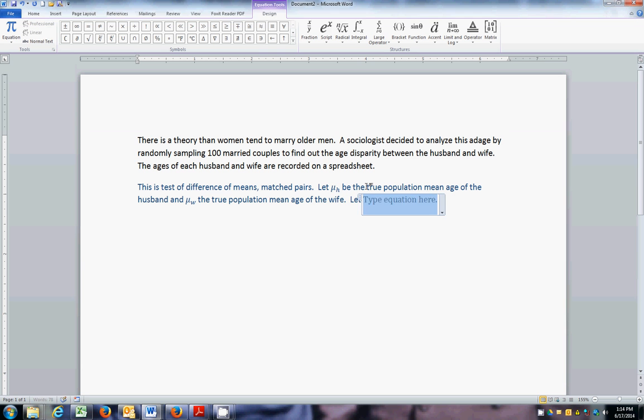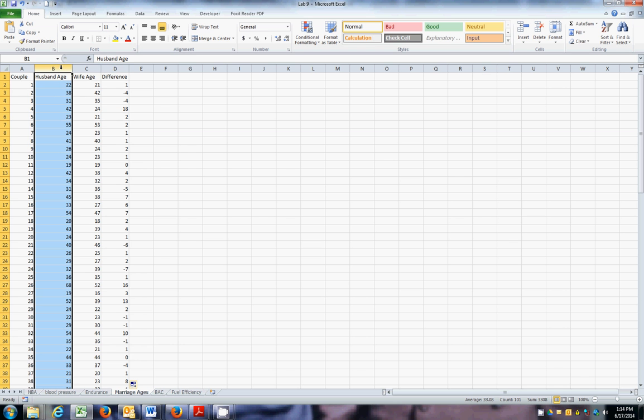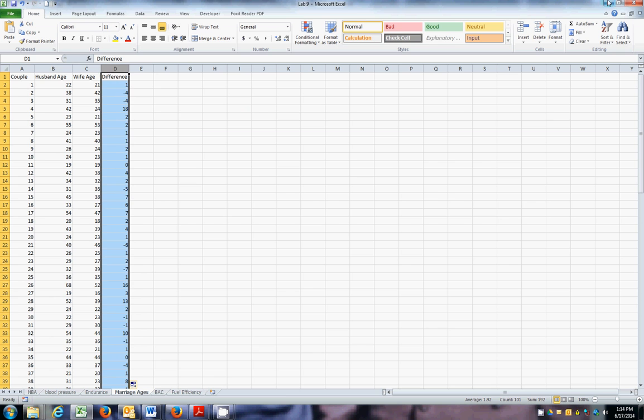I'm going to let mu sub d be the difference, the husband's age minus the age of the wife. So mu sub d will be the population difference, husband and wife. So if we're thinking about this, this is our sample data: sample husband age, sample wife's age, sample for the difference.